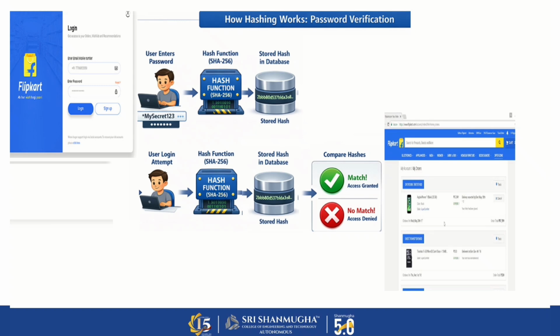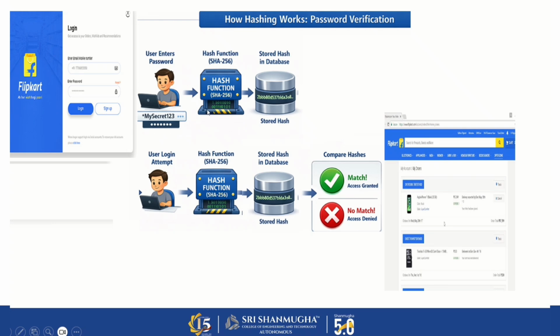See how hashing works. For example, if you are creating a new account in Flipkart, Gmail, Zomato, any other user login, or a bank account, you are going to give your username and password. This password will be moved to the hashing function.